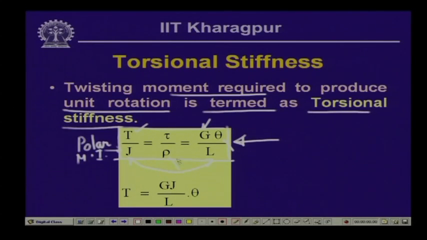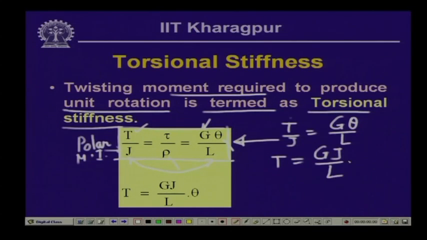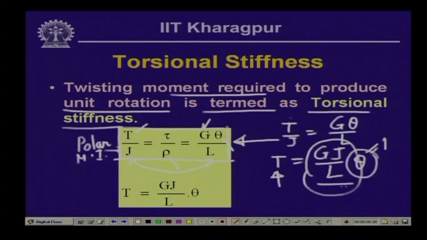If we equate these two quantities, that T by J equals G theta by L, then we can relate T and theta as T equals G J by L times theta. Now, if we make theta unit, then T is the torsional stiffness. So, torsional stiffness in other words is equal to G J by L. This quantity is designated as the torsional stiffness.